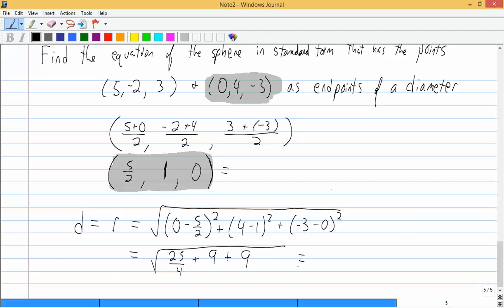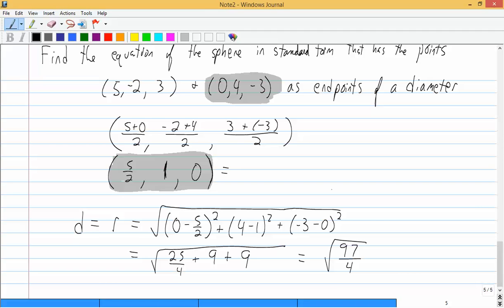Alright, so I need this in fourths, so that's going to be 36 over 4 and 36 over 4. 36 and 36 is 72. 72 plus 25 is 97. So that's the square root of 97 over 4.